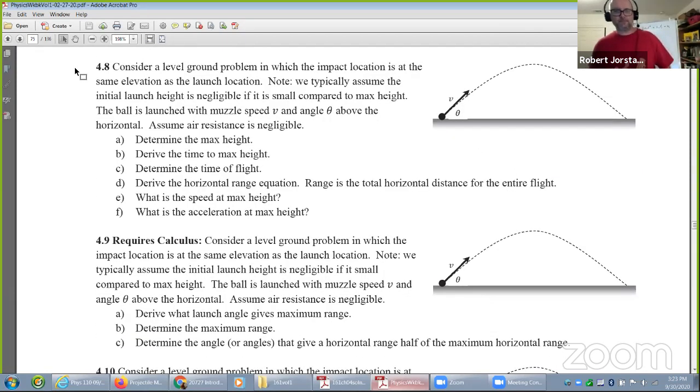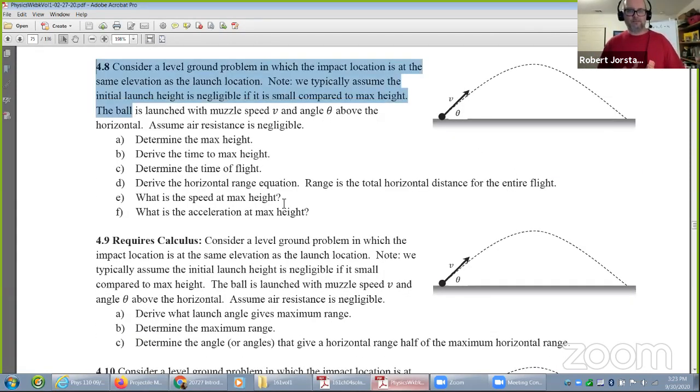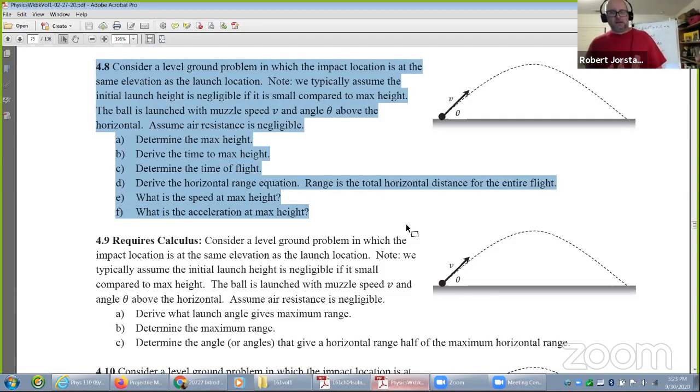All right. So let's take a look at this one. I'm going to draw it up. You go ahead, draw it up. Yeah, 4.8.